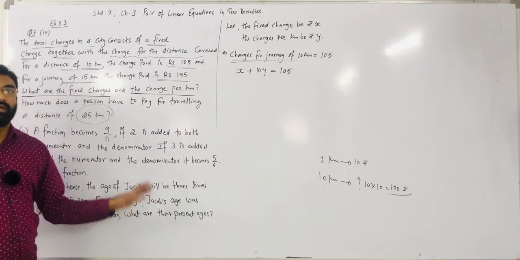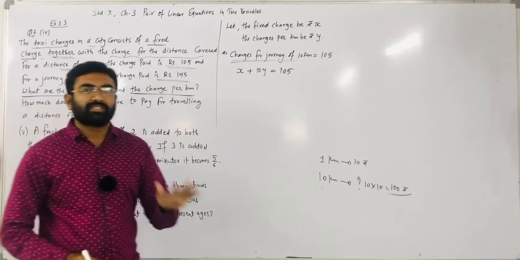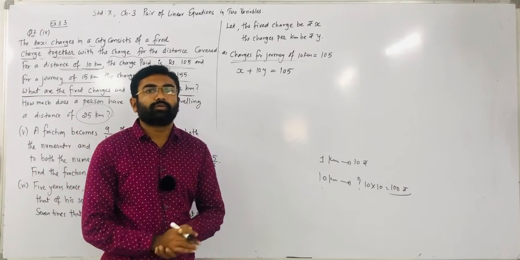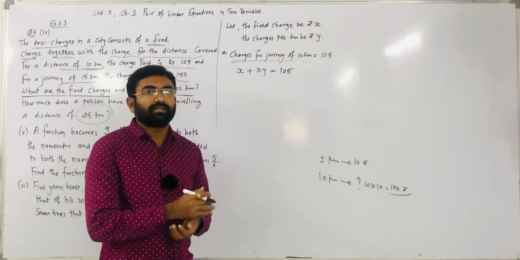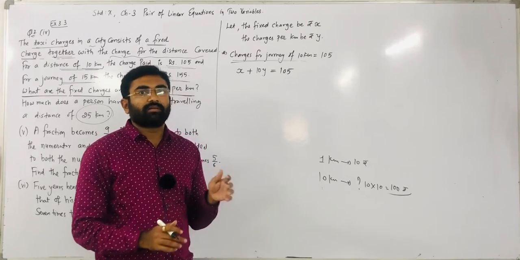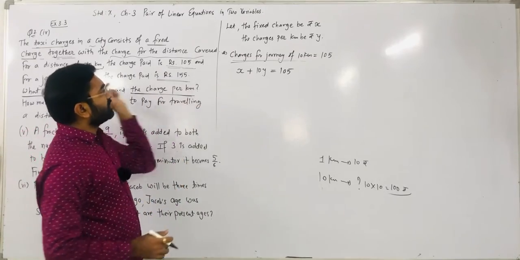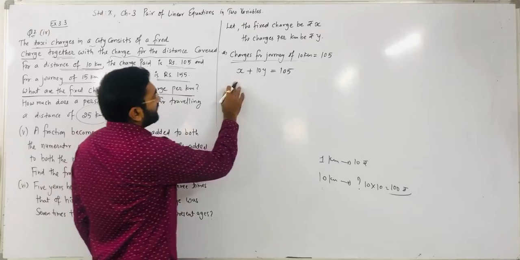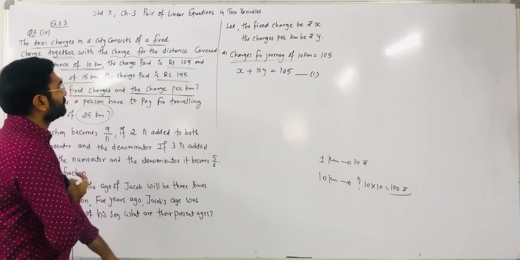In Ahmedabad or Bombay, in a taxi, they take some amount as a fixed charge and the remaining amount you have to give together with that. So the equation is given. Our first equation is x plus 10y is equal to 105, equation number 1, right?